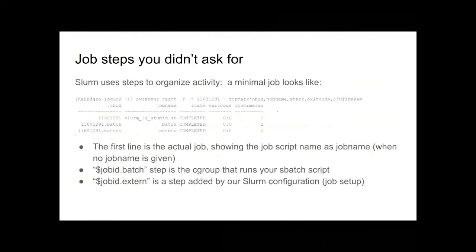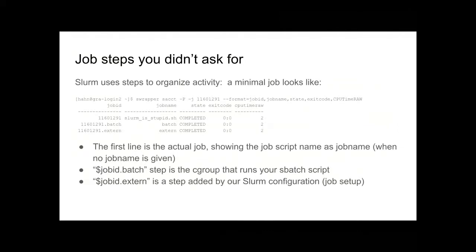There are some job steps that you didn't ask for. Well, at least one. In this example, I've run a script which is the simplest possible job. As I recall, this was running hostname. And sacct is the fundamental tool for examining what happened with your job.